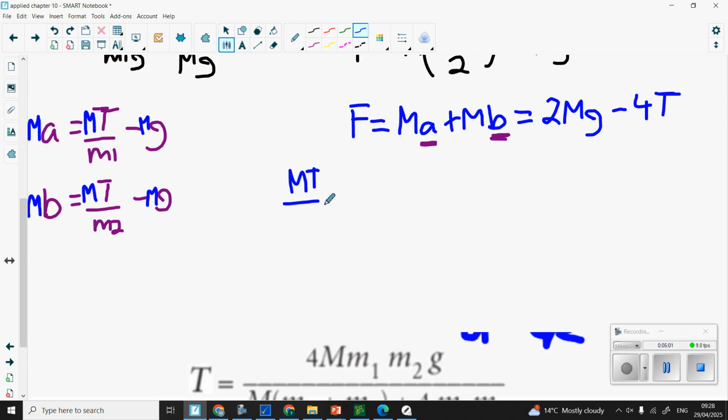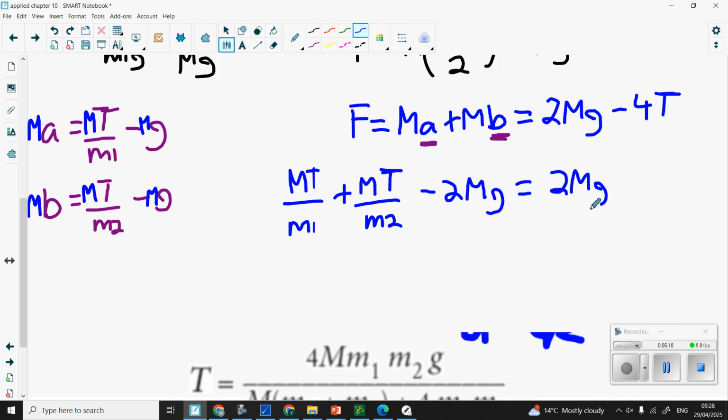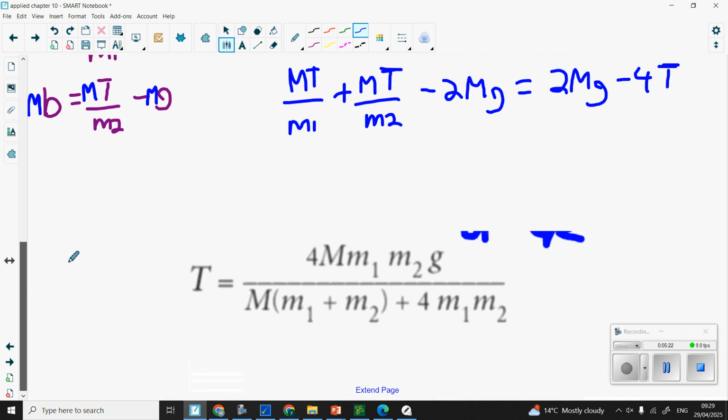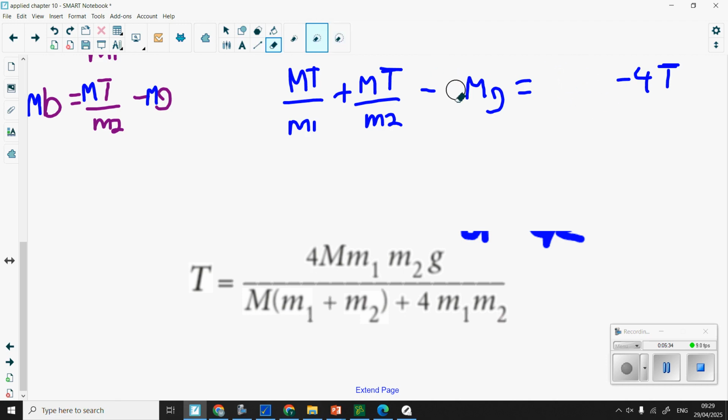And what I'm going to get is MT over small m1, plus MT over small m2, minus 2Mg equals 2Mg minus 4T. Now, next thing I'm going to do is bring the 2Mg over the other side. I'm going to be lazy, rub that out, and turn that into 4Mg.